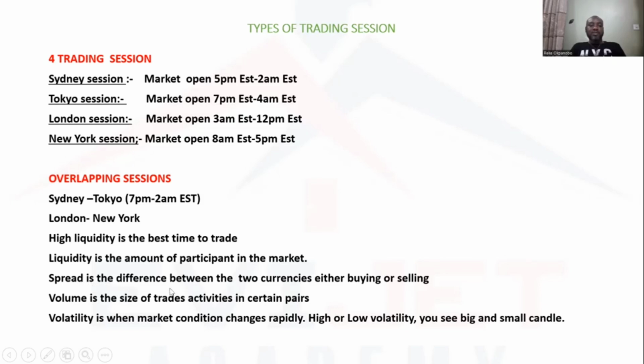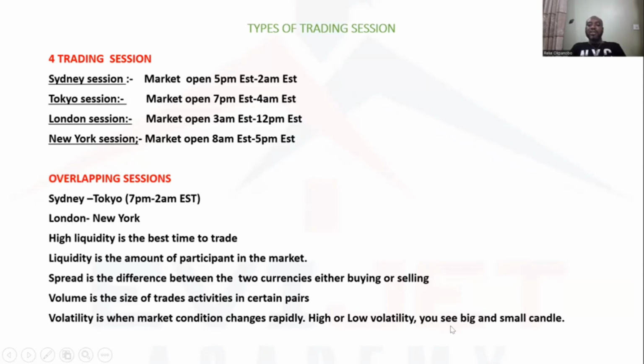Spread is the difference between the two currencies, either buying or selling. Volume is the size of trade activities in a certain pair. Volatility is when the market condition changes rapidly. So there might be high volatility or low volatility.